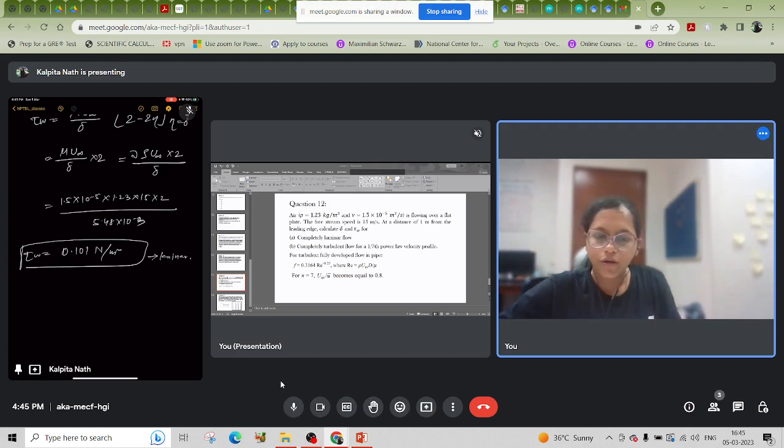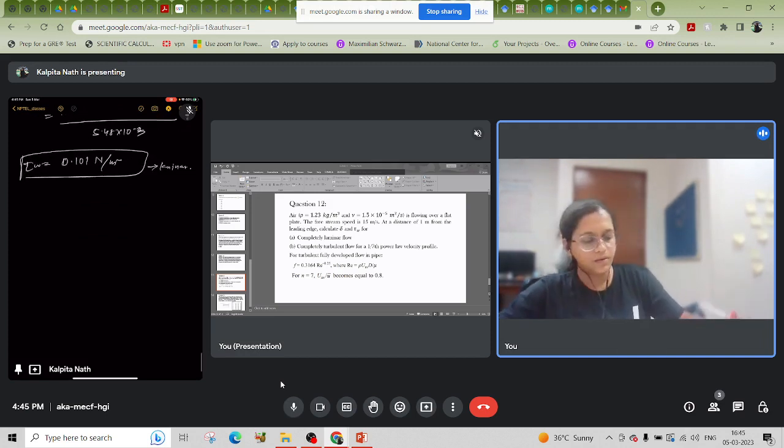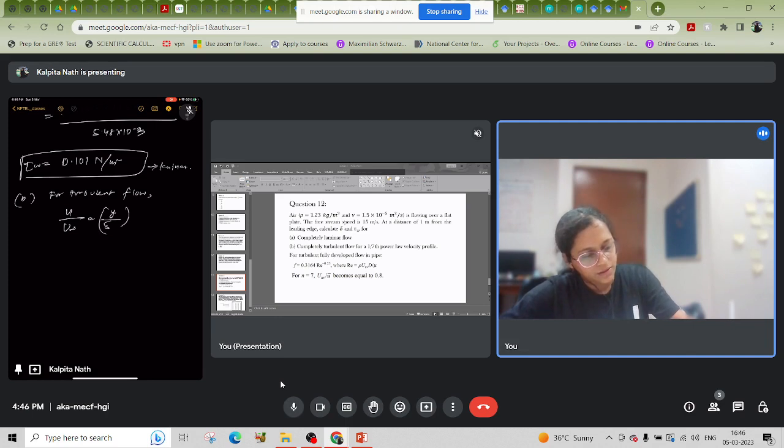Next is for completely turbulent flow of 1/7 power velocity profile. So this is part B. For turbulent flow, small u by u infinity is equal to the 1/7 power law, that is y by delta to the power 1/7.